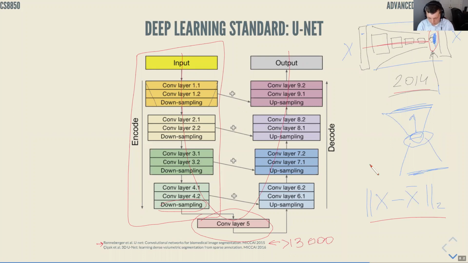So instead of just upsampling in one step, UNet does step-by-step upsampling using the same dimensions as it was downsampling, or max pooling, as it was compressing. Because it's using the same dimension, the dimension of layer 4.2 is the same as this upsampling dimension here in layer 6.0.